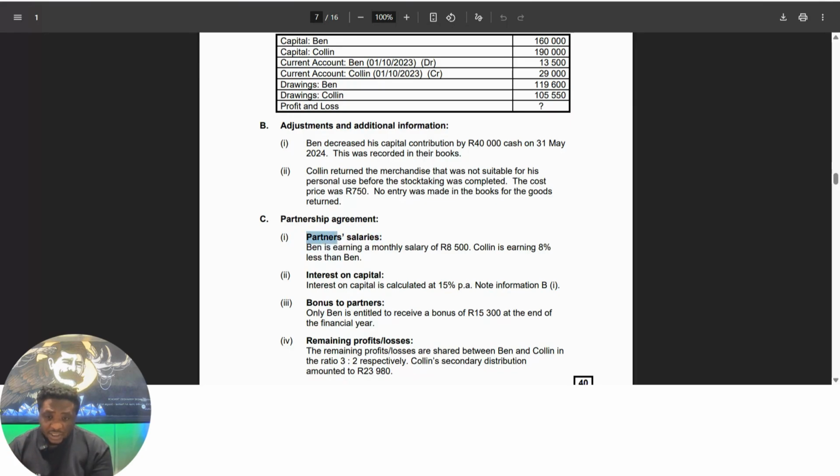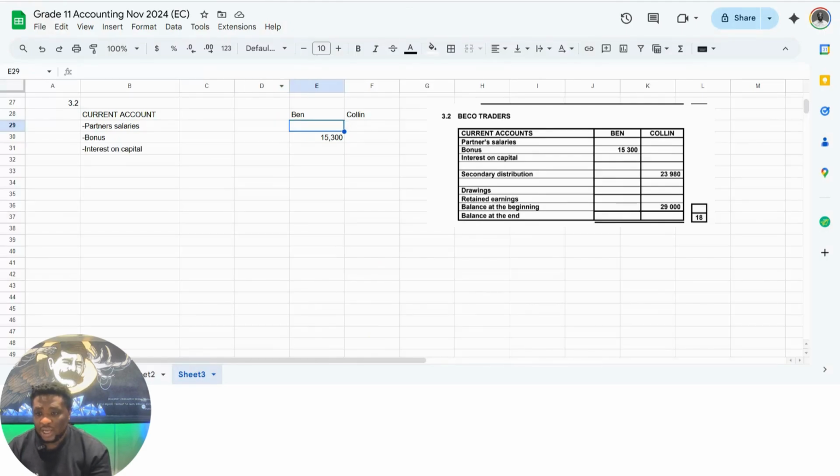For partner salaries, it says Ben is earning 8,500 monthly, and Colleen is earning 8% less than Ben. Let me start with Ben. The way we calculate Ben's salary is 8,500 multiplied by 12.